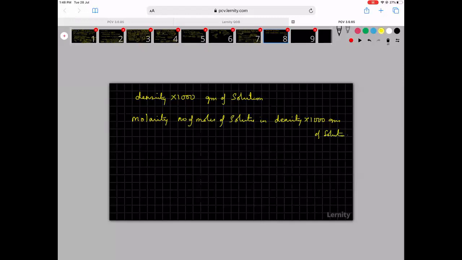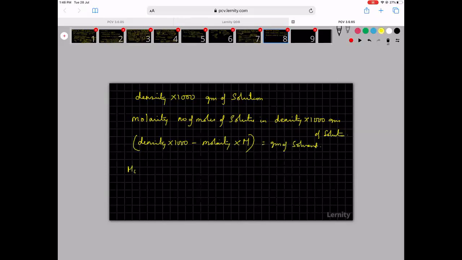So density into 1000 minus molarity into molar mass, what will this give you? This will give you grams of solvent.